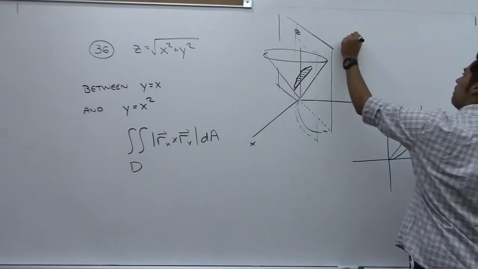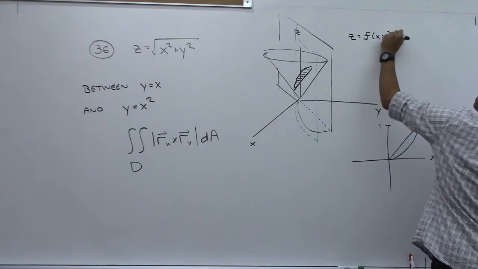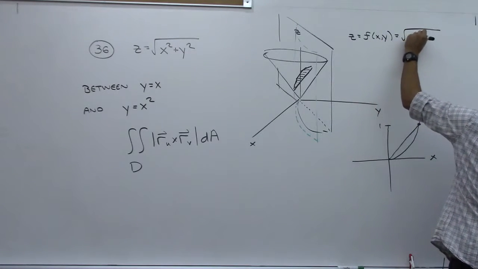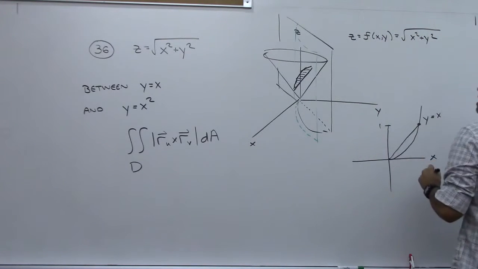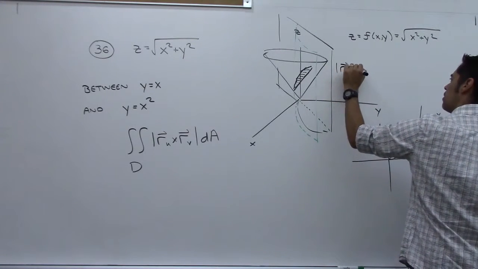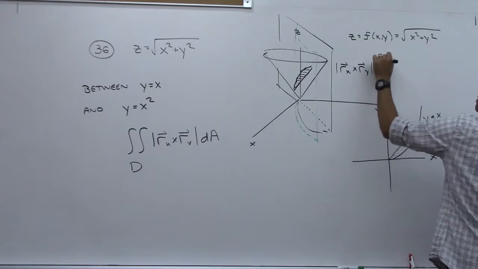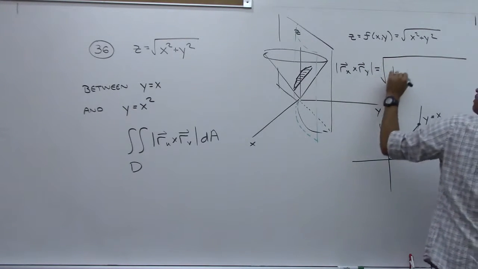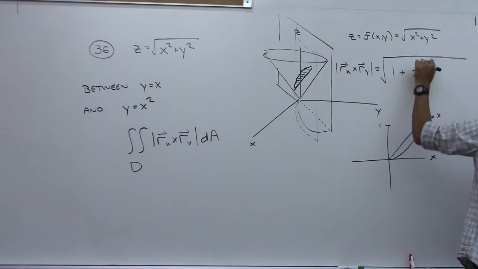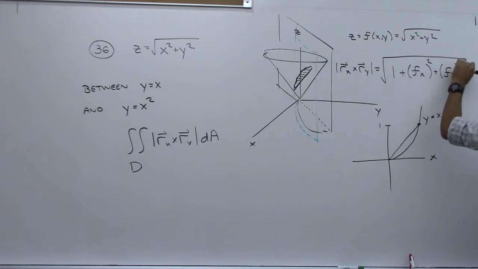I know that z equals f of x, y equals square root of x squared plus y squared. And therefore, the partial of r with respect to x crossed with partial of r with respect to y should be equal to the square root of 1 plus the partial of f with respect to x squared plus the partial of f with respect to y squared.